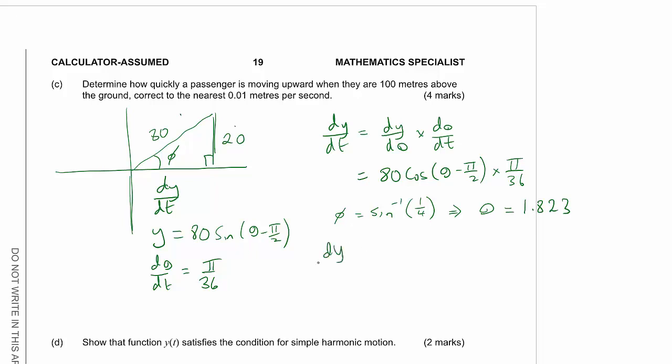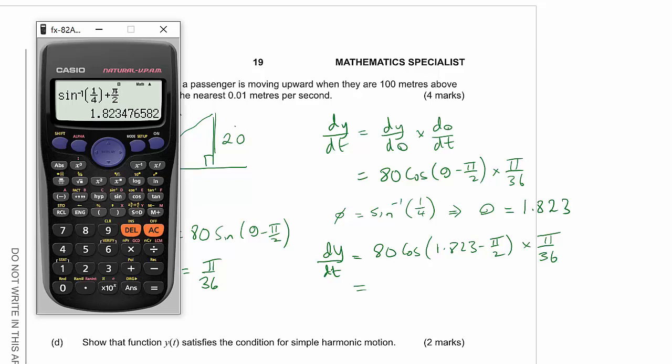So dy dt would be 80 cos 1.823 take away pi by 2. I wish I hadn't just added the pi by 2. I could have just gone straight to the previous, and we'll just calculate that. So the first thing I'm going to do is remove the pi by 2 again.